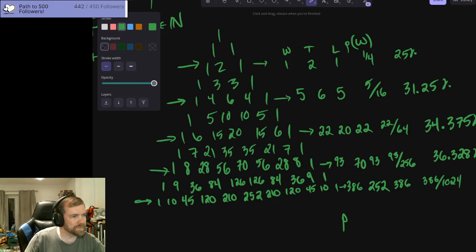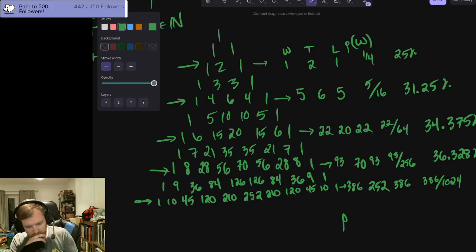Anyway, so for this particular case, we've got to look at the different ways in which we could win, and specifically win, right? We don't want to end up tying.